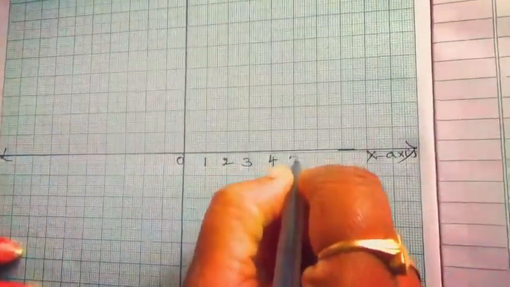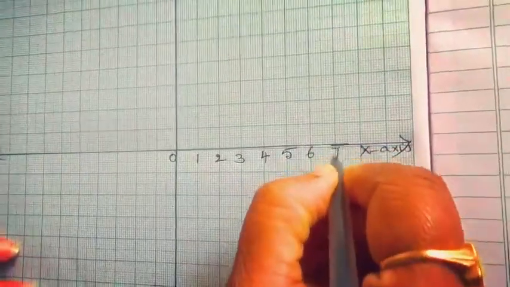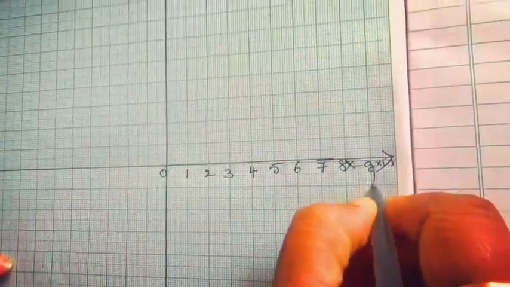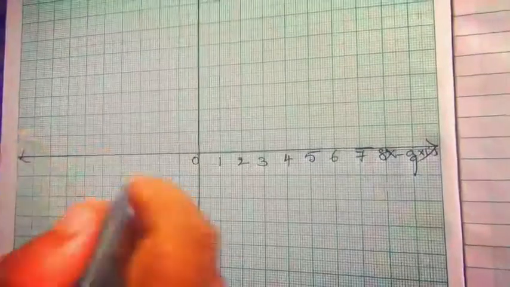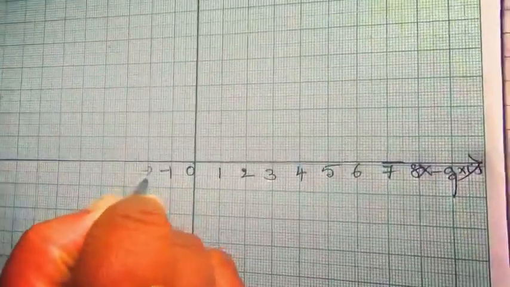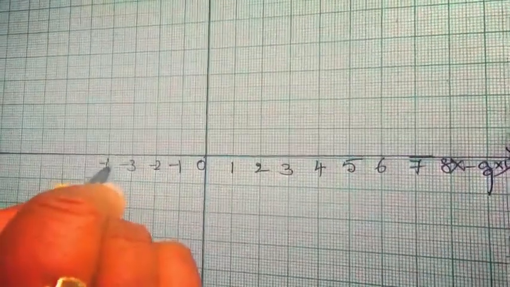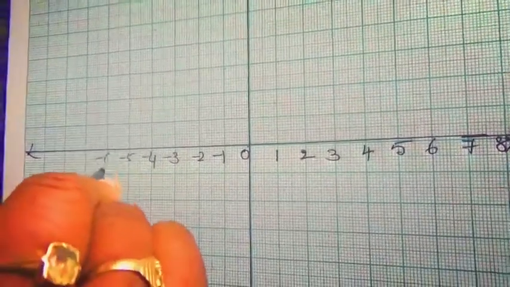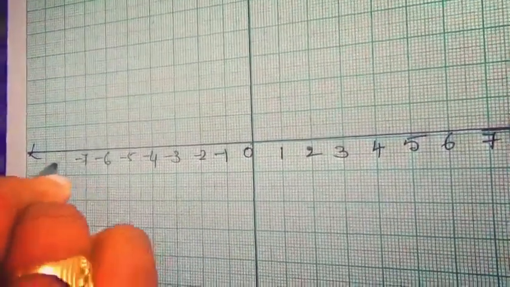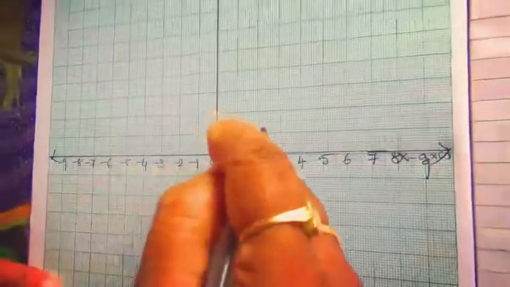On your right hand side: 1, 2, 3, 4, 5, 6, 7, 8, 9. On your left hand side: -1, -2, -3, -4, -5, -6, -7, -8, -9.